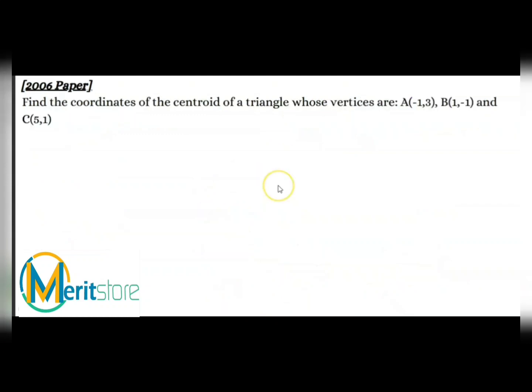Here I have the last question. Here I have a question which says, find the coordinates of the centroid of the triangle whose vertices are A, B, and C. Simple. This is x1, y1, this is x2, y2, and this. I'm taking A as x1, y1, B as x2, y2, and C as x3, y3.